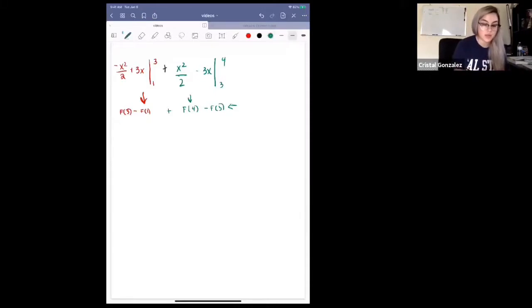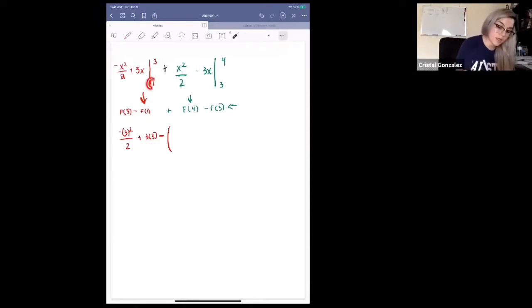And so if we keep going and I plug this in, I'm going to get negative 3 all squared over 2 plus 3 times 3 minus, and I highly recommend doing parentheses here when you're doing the minus. It's going to be minus my 1 into that function. It's going to be negative 1 squared over 2 plus 3 times 1.